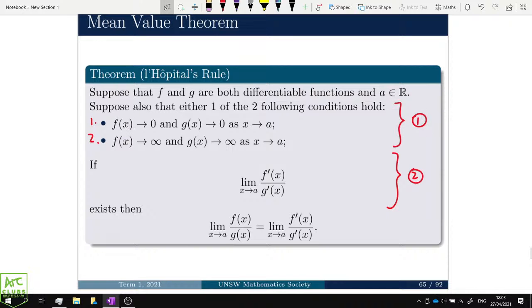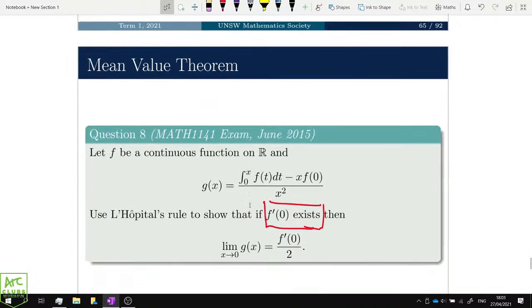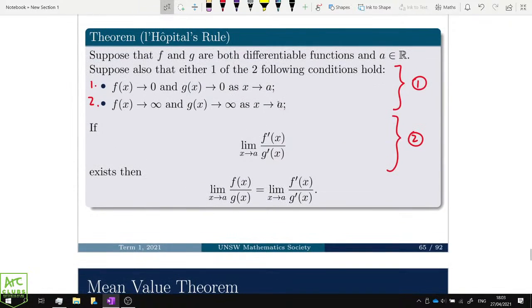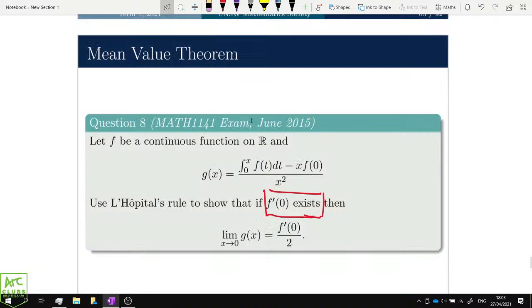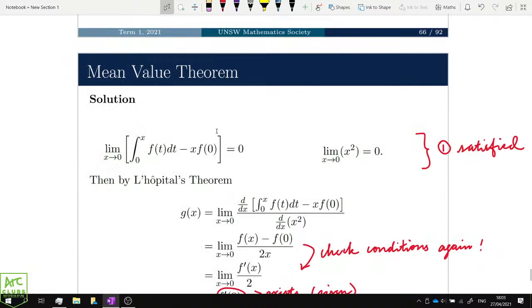As x approaches a, in this case a is equal to 0. So basically as x approaches 0, both f(x) and g(x) either approach 0 as well, or they approach infinity. That's exactly what we've done in the first step here.